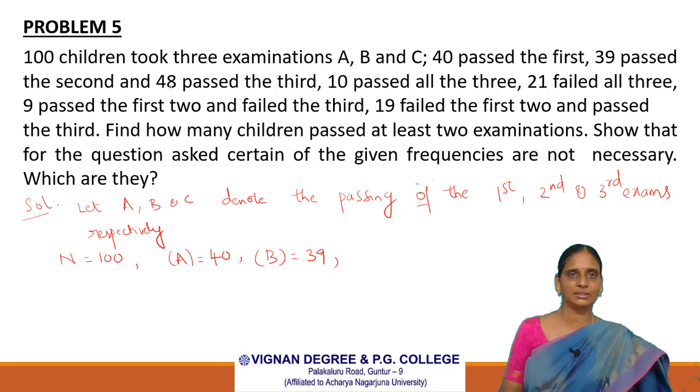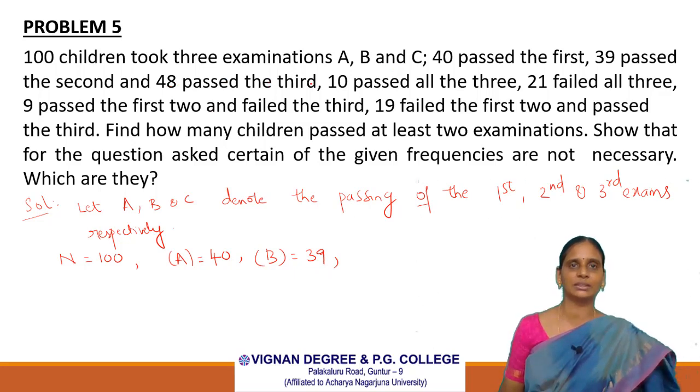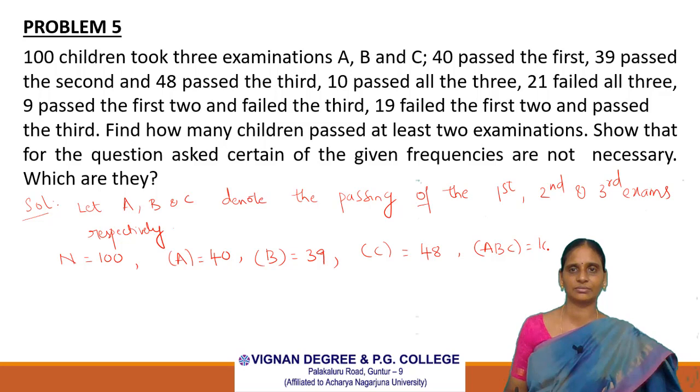And next sentence, 48 passed the third. The third examination denoted by the letter C. So that is frequency of C is equal to 48. And next one is 10 passed all the three. That means frequency of ABC is equal to 10.